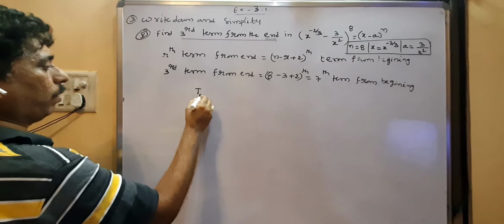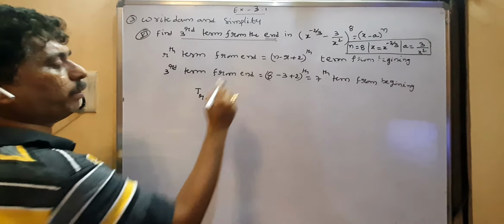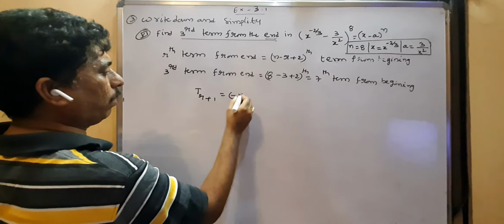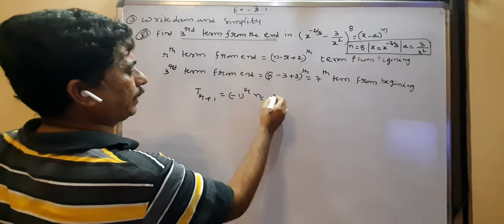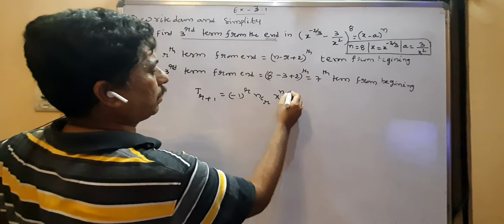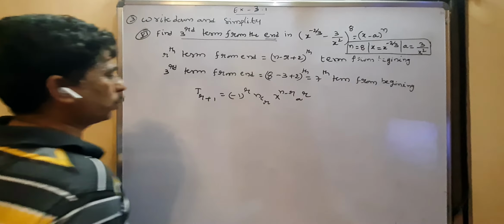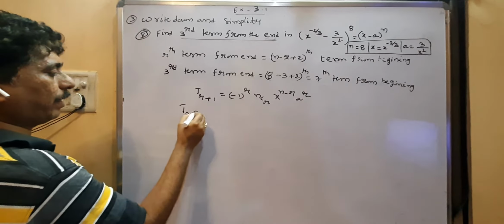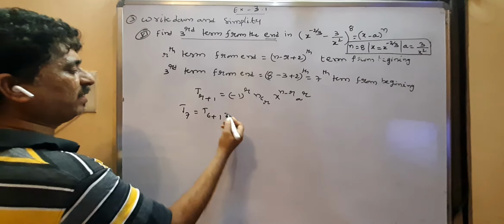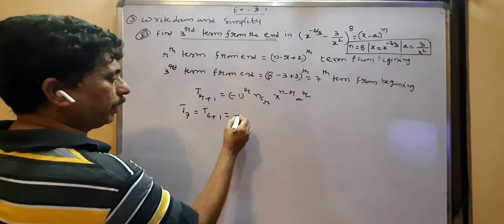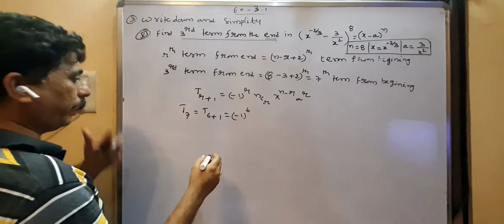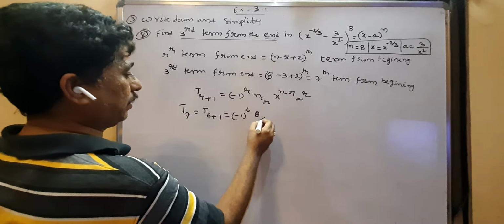T r plus 1 formula. We know that there is a minus between, so minus 1 whole power r, nCr x power difference of the both, n minus r, a power r. So T7 is T6 plus 1. So r is 6 now, minus 1 whole power 6. N is 8, 8C6.